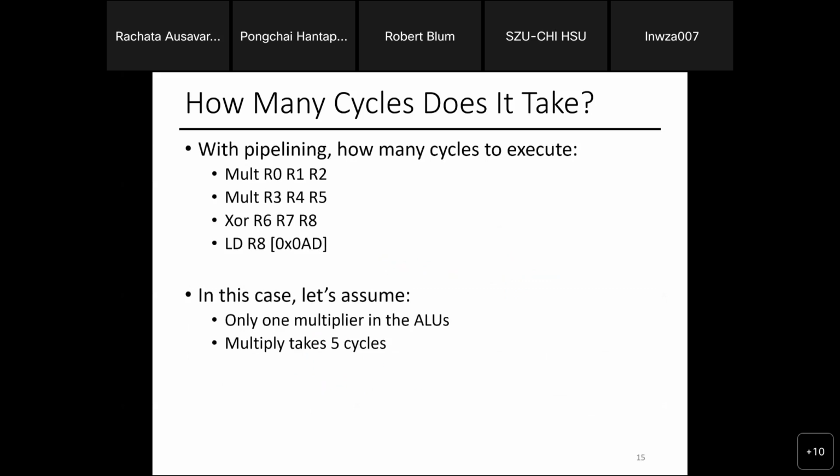Now let's assume another different case. Everything looks almost the same, but you have to multiply, and multiply takes 5 cycles, so your execute becomes 5 steps before I can finish the multiply. And I cannot pipeline the multiply.